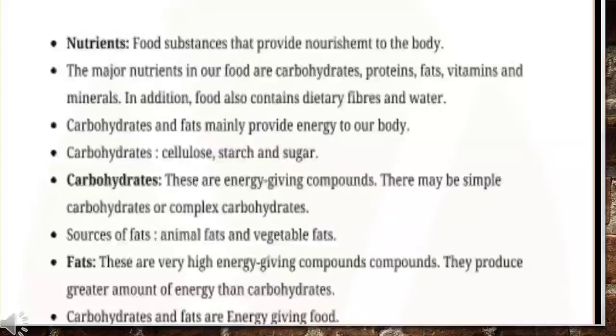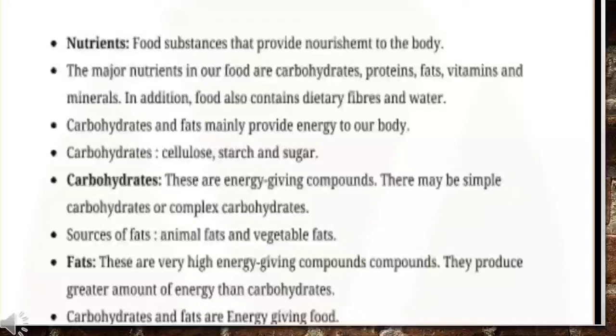Some deficiency diseases are rickets, goiter, anemia, scurvy, night blindness, beriberi. These are all deficiency diseases, and I am telling you by which deficiency one can get each disease. Due to deficiency of calcium, phosphorus and vitamin D, a person gets rickets.